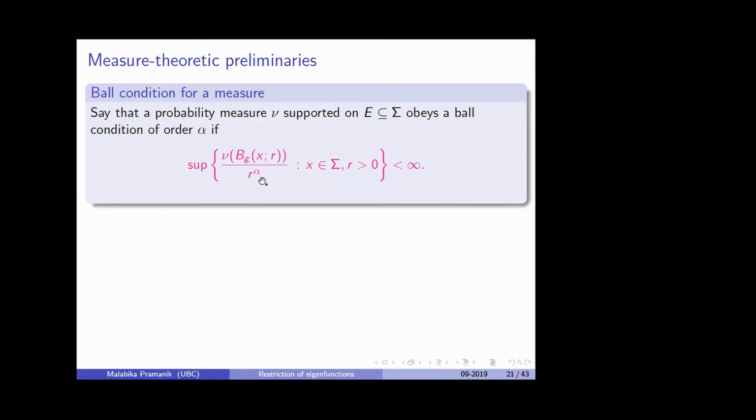More precisely, we require that the nu measure of any ball has to be at most a constant multiple of its radius raised to the power of alpha.